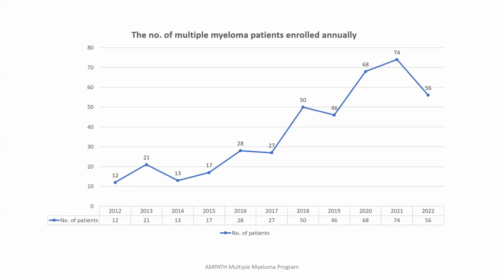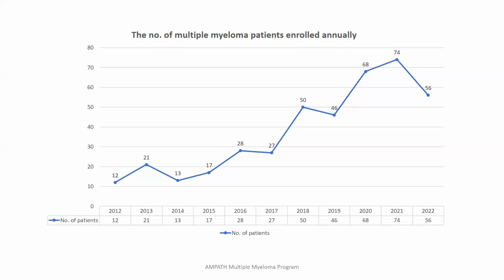Thank you. So this is also just to show us what has been happening over the years. And you can see when the program began in 2012, the program only was able to pick about 12 patients. And if you look at the tail end in 2022, we had about 56 patients.